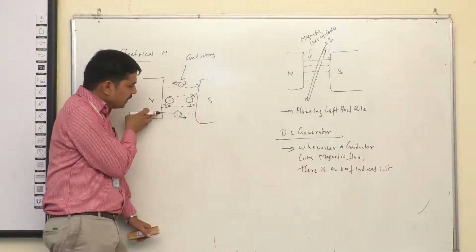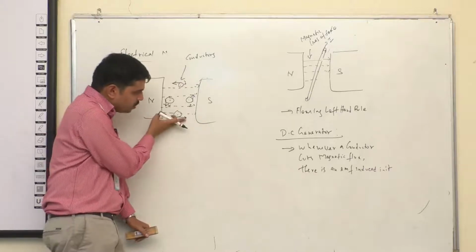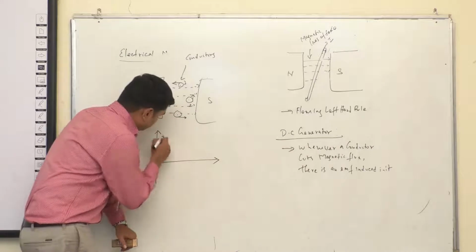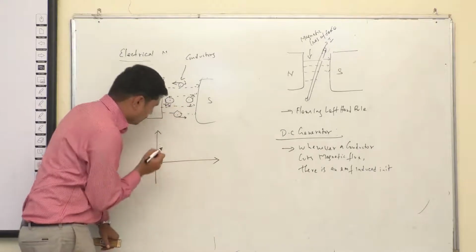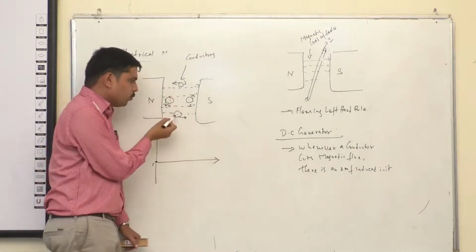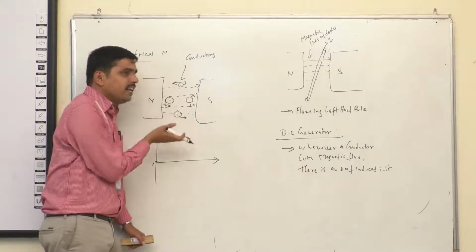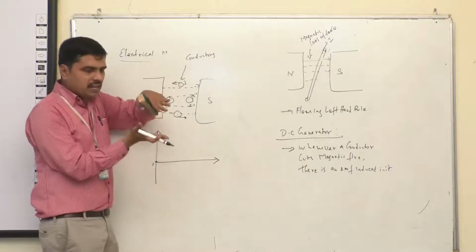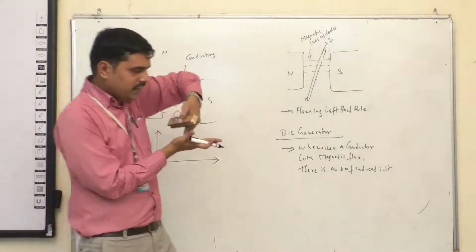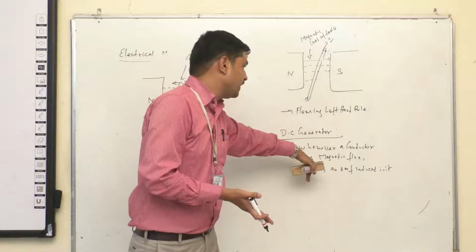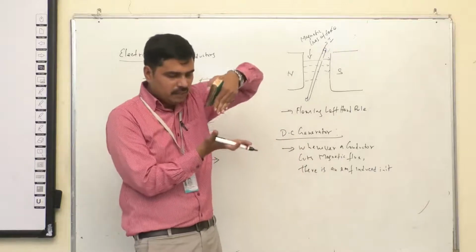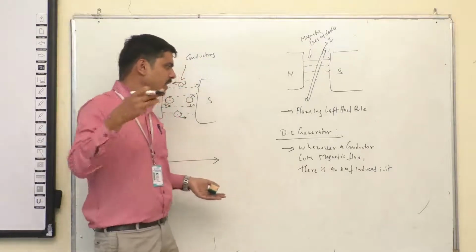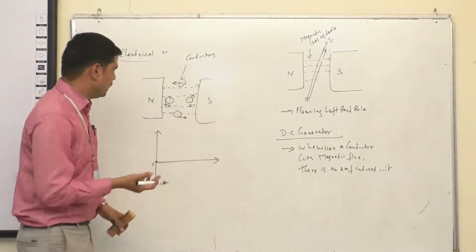Let us take position 1. In position 1, it is not cutting at 90 degrees, because the magnetic lines of force and the conductor direction are parallel. Only if the conductor cuts at 90 degrees will there be an EMF, and only then are you able to generate some voltage.